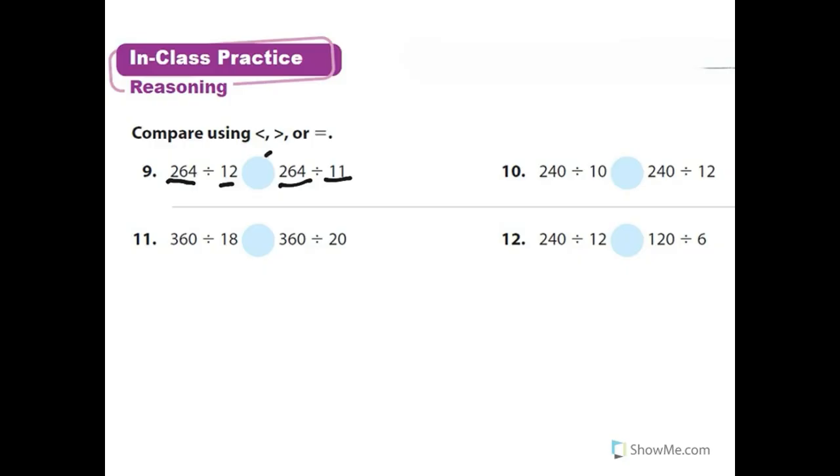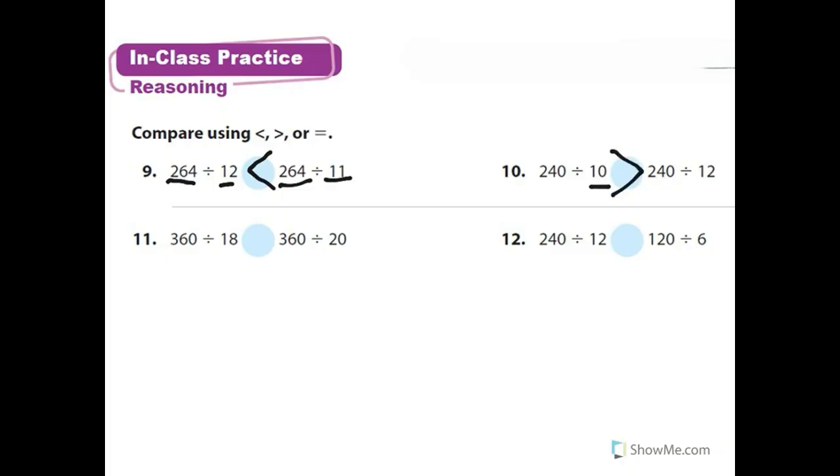So more groups would be here. Alright, go ahead and solve number 10 and we'll go over it. So again, we've got less groups or less groupings on this one, so there's going to be more of them.